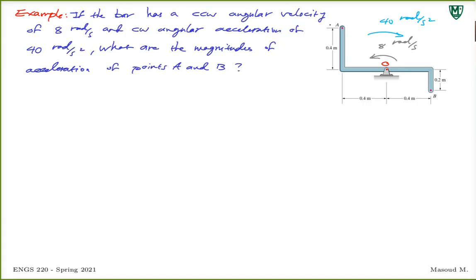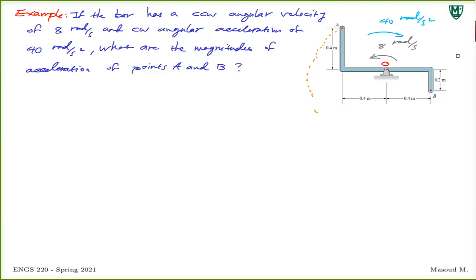You probably can see that both points are rotating on a circular path because they're part of the rigid body rotating about an axis, right? So if you think about point A, if you're rotating counterclockwise, point A is following a path like this, a circular path, and point B is following a path like this. Not exactly the best circular path, but you get the idea.